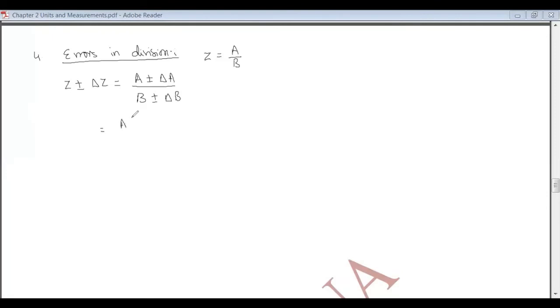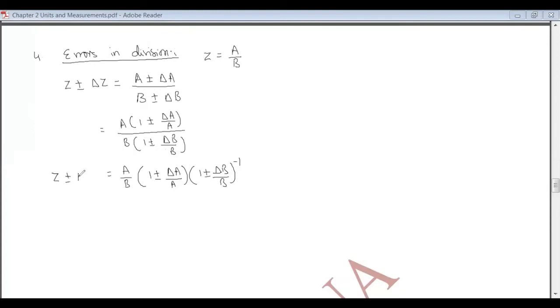Okay, now taking a common from the numerator, we get 1 ± Δa/a. Similarly, taking b common from the denominator, we get 1 ± Δb/b. Okay, now this can be written as a/b multiplied by (1 ± Δa/a) into (1 ± Δb/b) raised to the power minus 1.